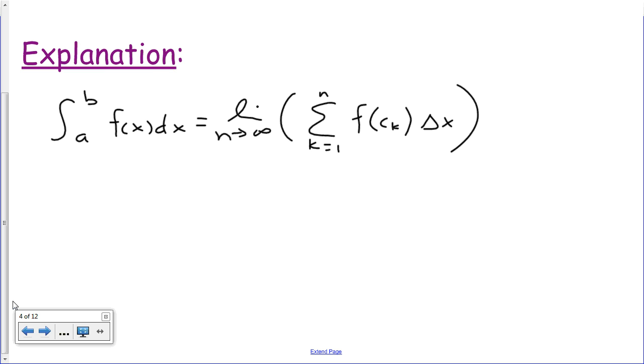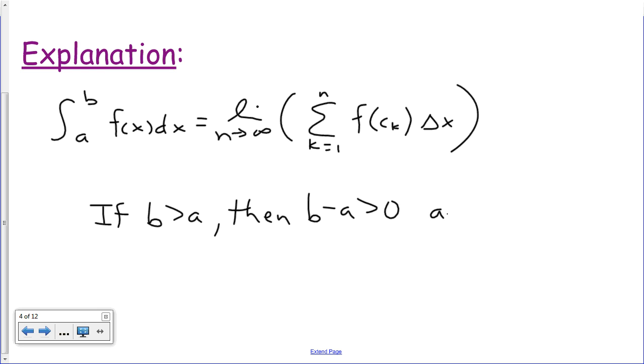And the key this time is not going to be the function value like in the last property, where it was looking at the f of c sub k values, whether they were positive or negative. But now it's the delta x value that is really what's going to determine the sign. But remember that if b is greater than a, which for most problems is how we set these up, though of course it doesn't have to be that way, then b minus a is going to be positive. If you have a bigger number minus a smaller number, you get a positive result.